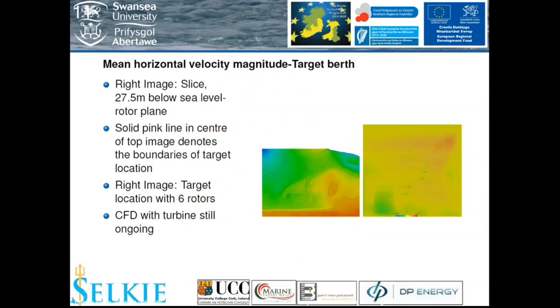So runs with 6 rotors placed at the region of interest are still ongoing. However, we've included initial results which we received prior to the session. On the left is the horizontal velocity taken at hub height for a rotorless run, and the hub height is 27.5 meters below sea level. The boundaries of the region of interest are also visible in this image, and the right image shows the visualization of the mean velocities at the region of interest, also taken at hub height.